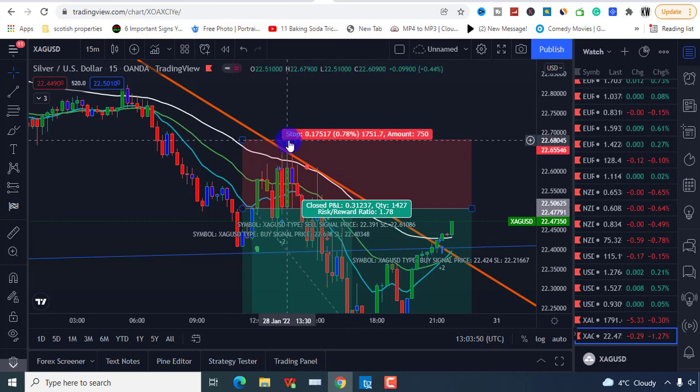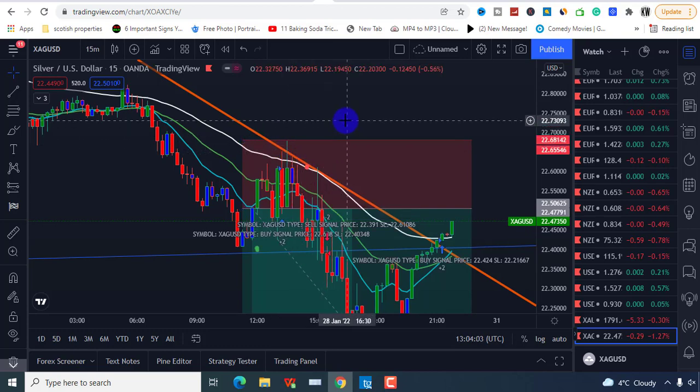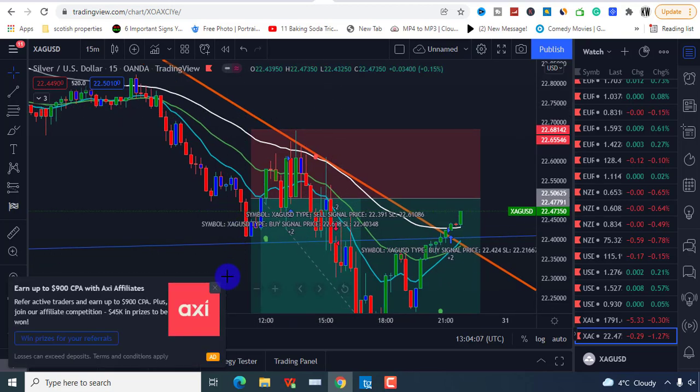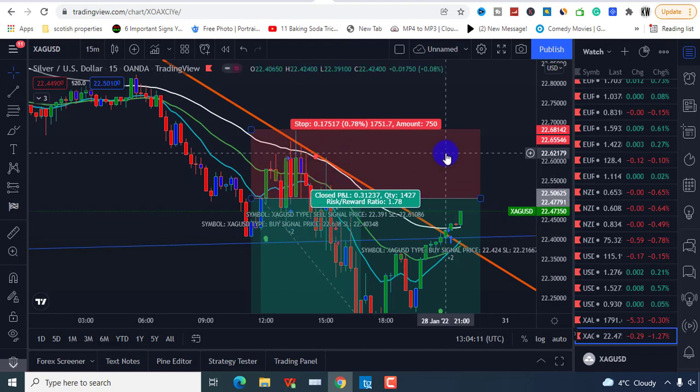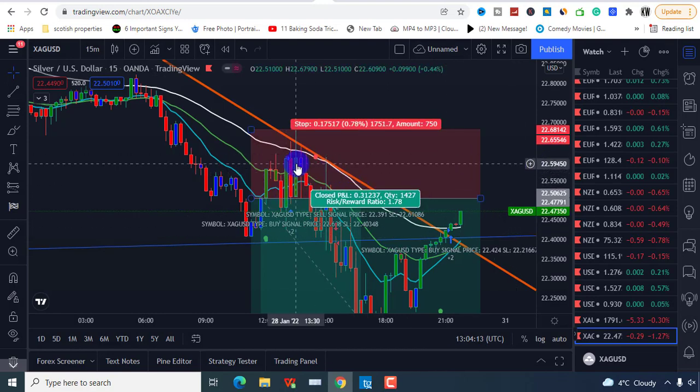Instead, I wait for the closure of this. Did I close? Yeah, close. But what happens? A big wick, meaning sellers still have the power, dominating the market, pushing it further down. Did it happen? Yeah. This next one again was basically green, but with the outline of red, and the second one still below my stop loss.